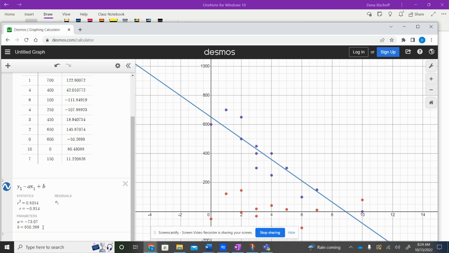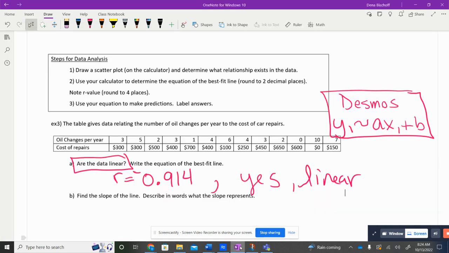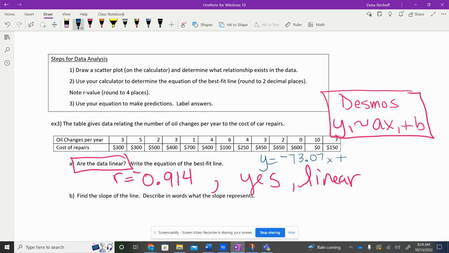In our notes, our linear equation is y equals, our A value is negative 73.07 x plus 650.269. So I'm going to write in my notes that my equation is y equals negative 73.07 x plus 650.269.